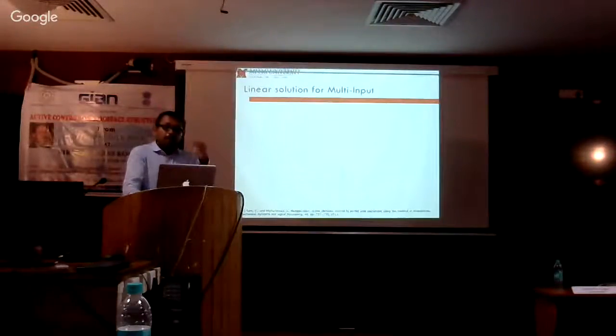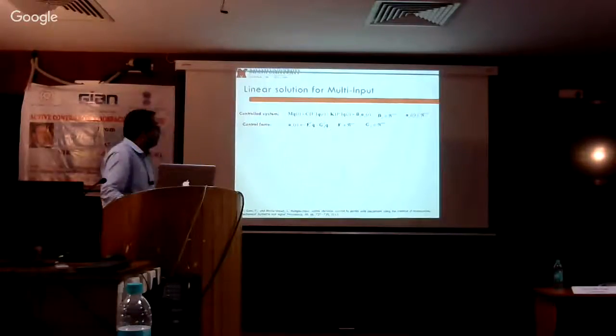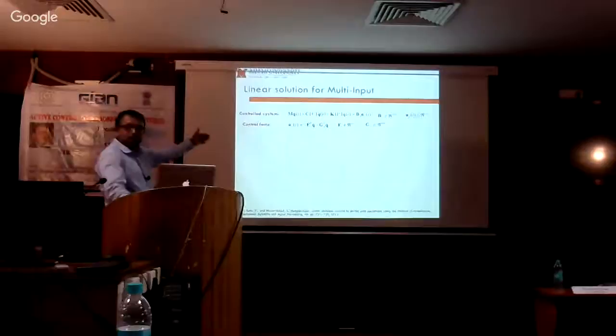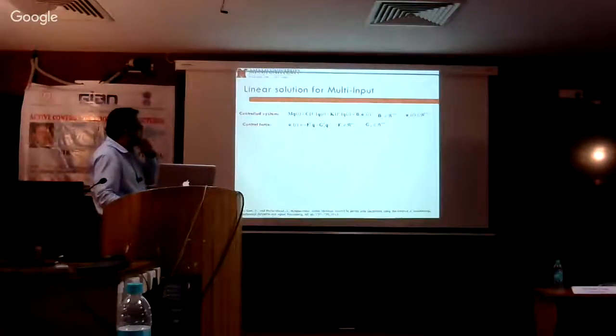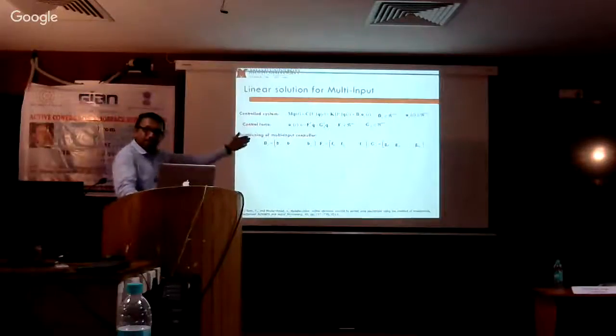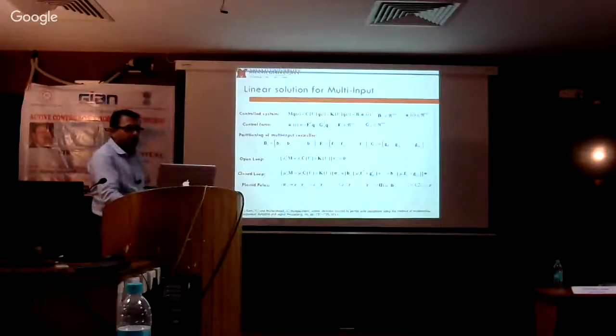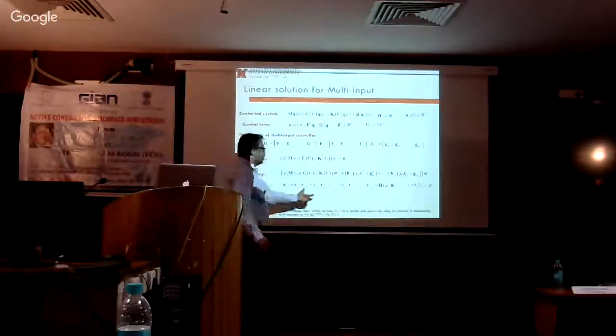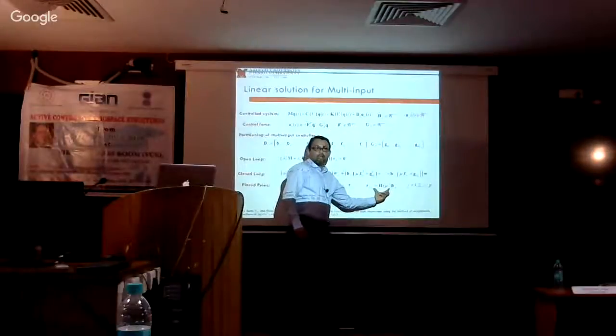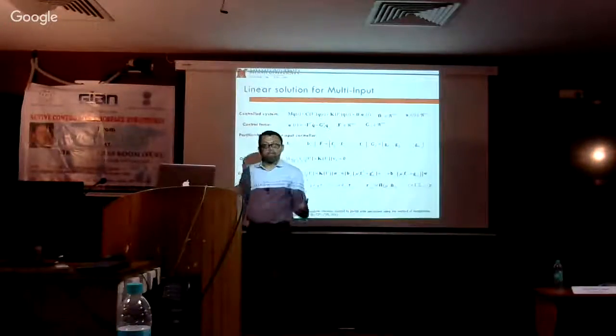Now, if you look at the linear solution for multi-input, you have seen this derivation, you have seen this discussion in yesterday's lecture, we are partitioning into R number of single input cases, and we can calculate this R which we need for pole placement.